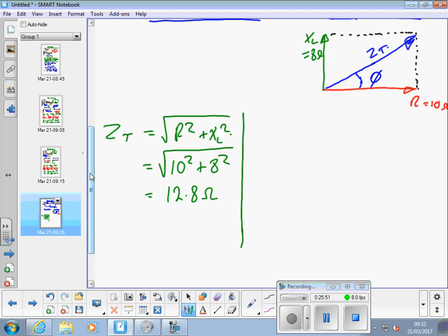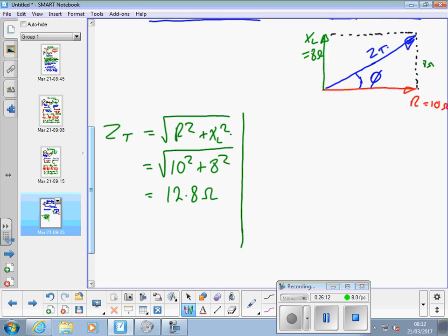You're using that value that you calculated and possibly rounded. If you're going to be using the opposite side, 8 ohms, and the adjacent side, 10 ohms, what trig ratio uses opposite and adjacent?